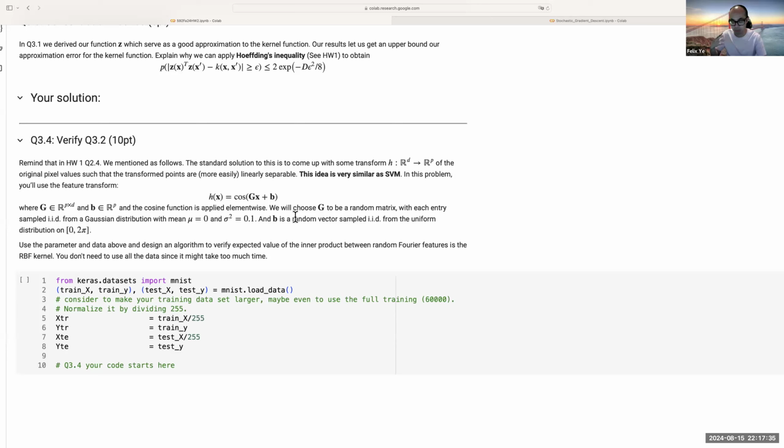We are just using a very smart trick to implicitly apply kernel SVMs. Of course, this whole thing might take a little bit of time. You don't need to use all the data; you can just take a portion of the data to illustrate this idea.